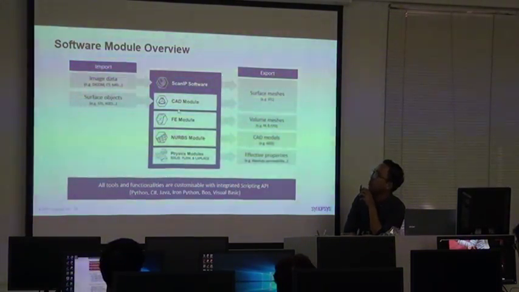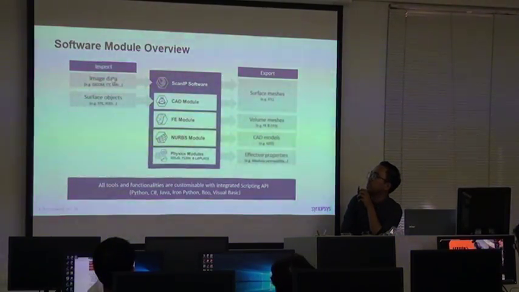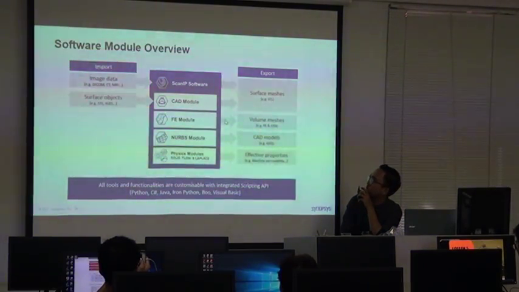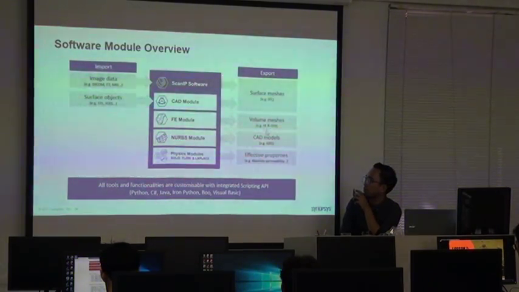Then we have the FE module, which means we have the image data, we import it into Scan IP, Scan IP will generate the 3D model, and if we want to create the mesh of the 3D model, we need the FE module. From the FE module, it will allow us to create the volume meshes for FEA or CFD simulation software.